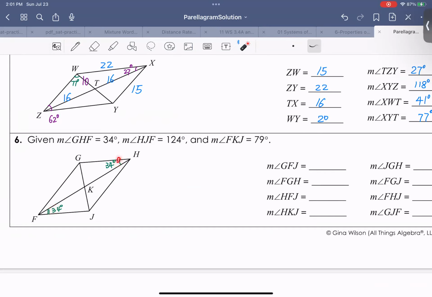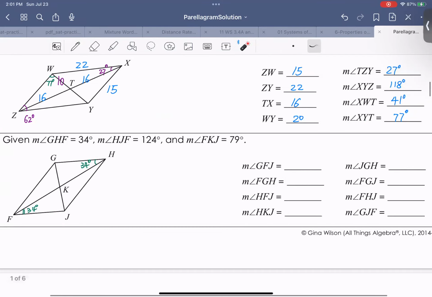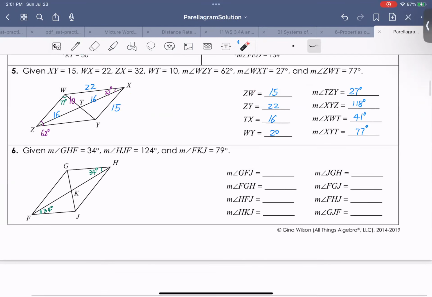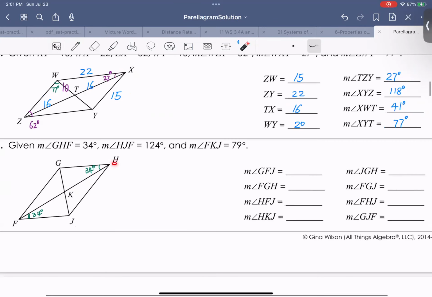And when you have this part, we can see what else was given. HJF total here is 124, right? Yeah. Given this is 124. And with this 124 for the parallelogram, these two angles are called same side interior angles. They are supplementary to each other.